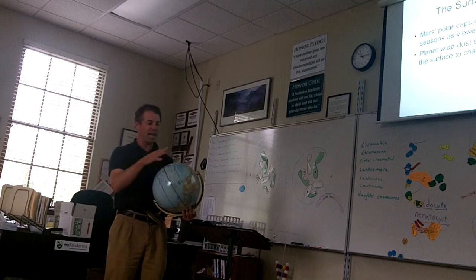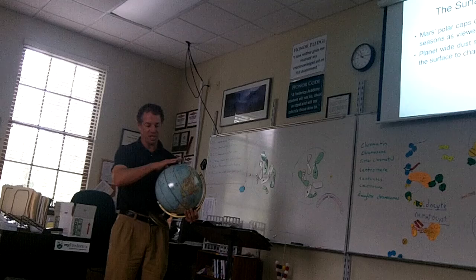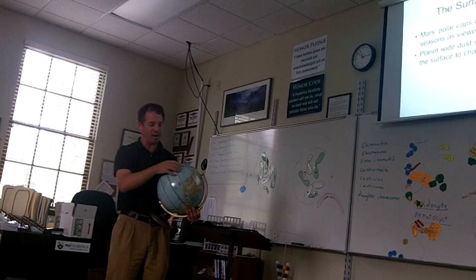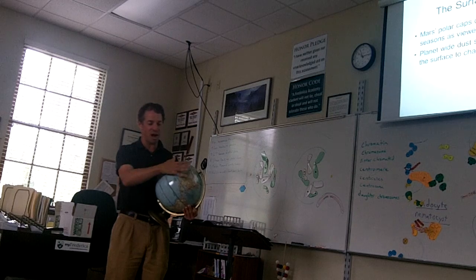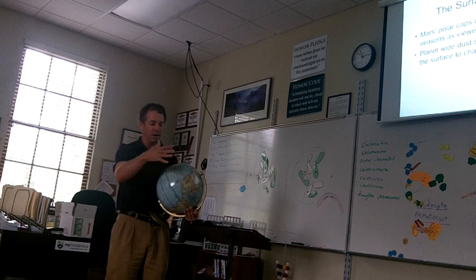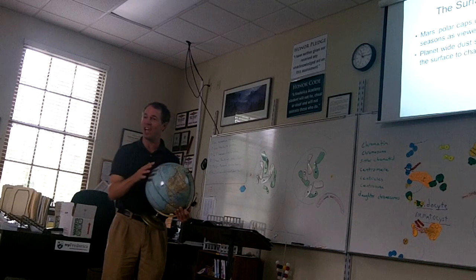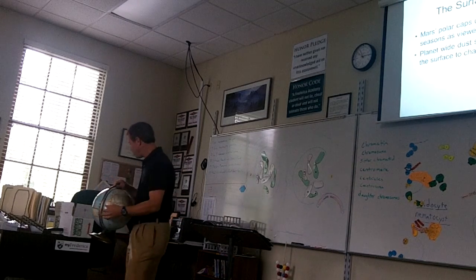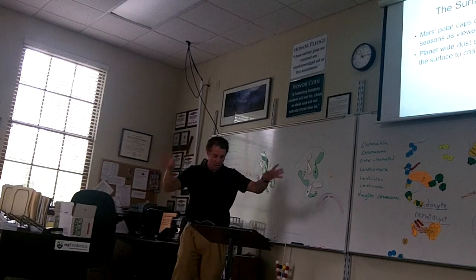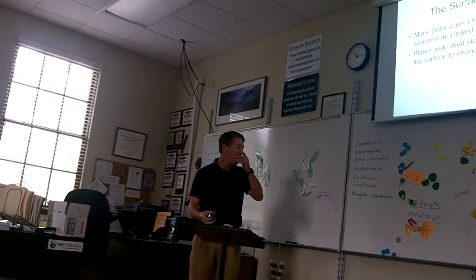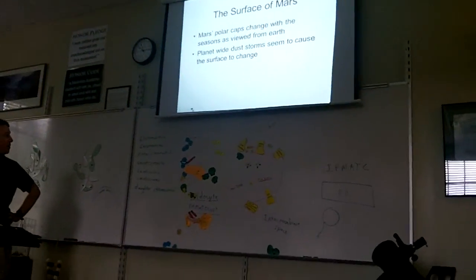So if you're looking at Mars from a telescope from Earth, you'll see craters one month, and then look at it a month later, and those craters are gone because there's dust all in the air, blocking your view of the craters. So it looks like the surface of Mars changes, but it doesn't change much. It's mostly just because the dust that's blown around in the air, and you just can't see the surface as well.